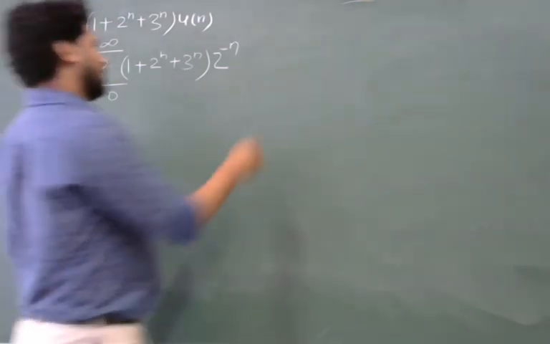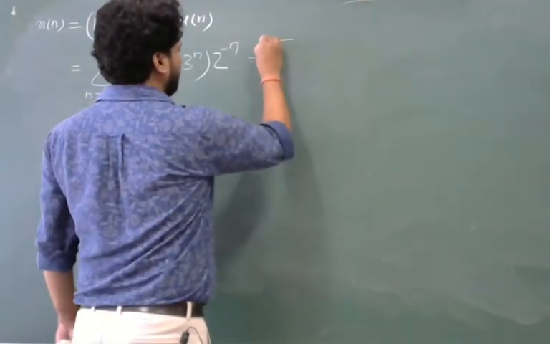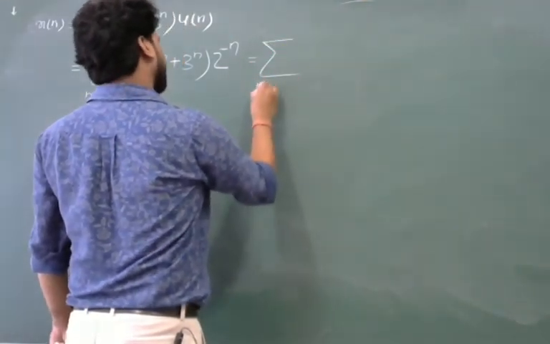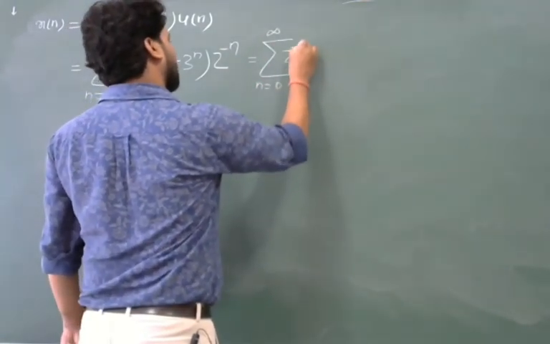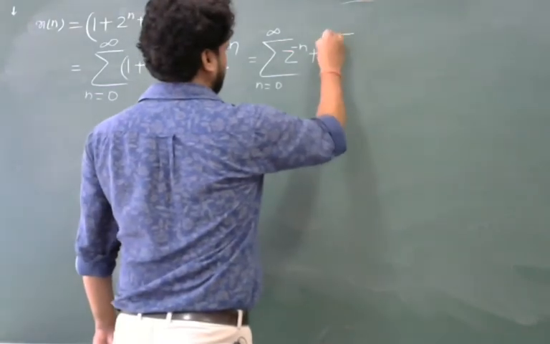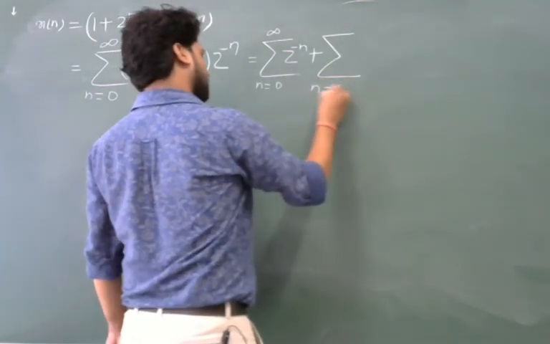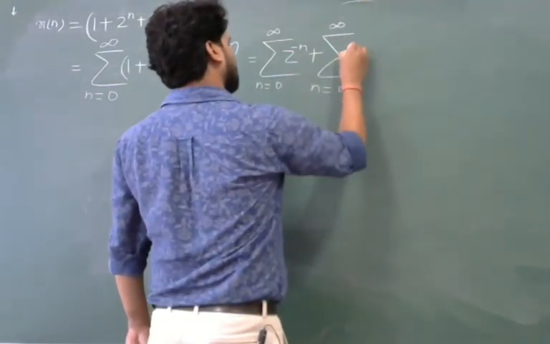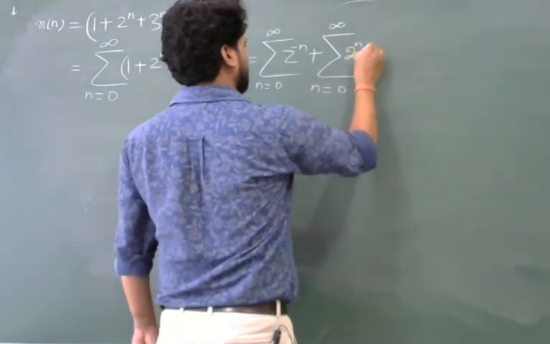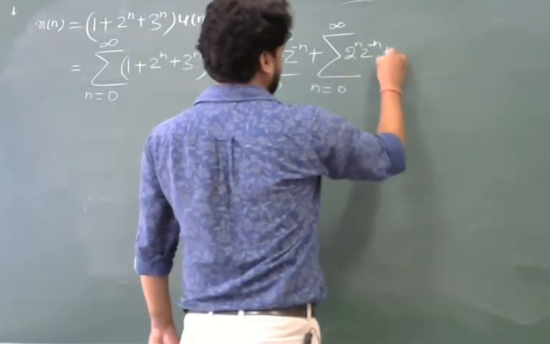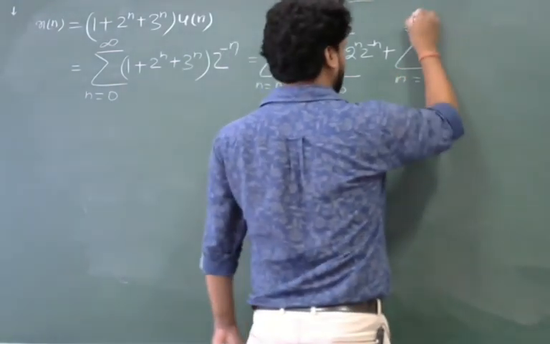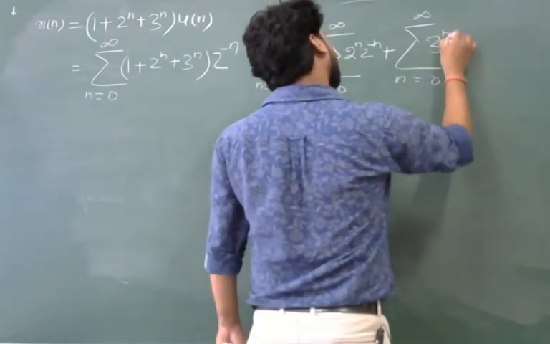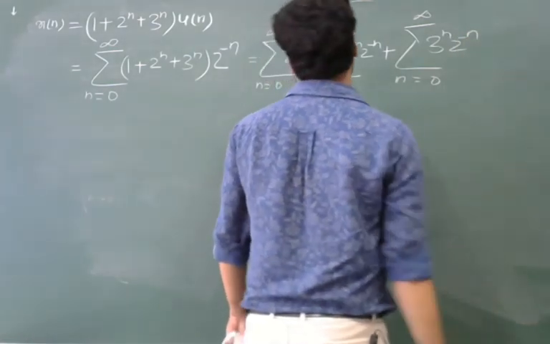Or this can be written as sigma n from 0 to infinity z power minus n, plus sigma n from 0 to infinity 2 power n z power minus n, plus sigma n from 0 to infinity 3 power n z power minus n.